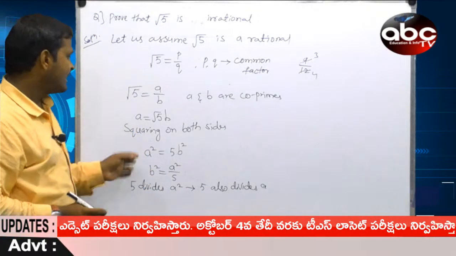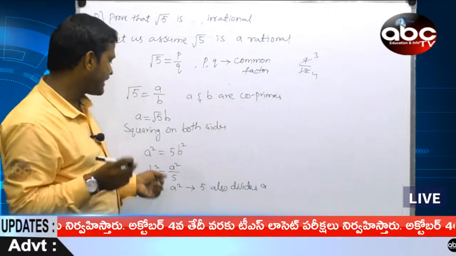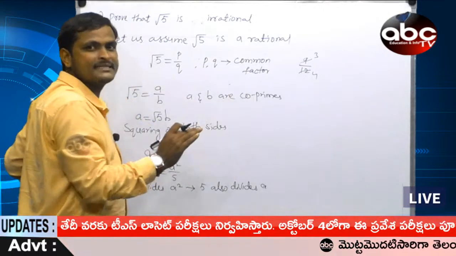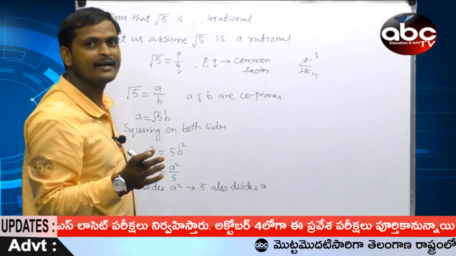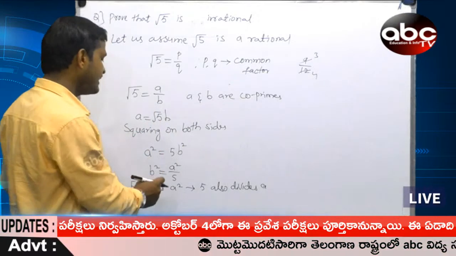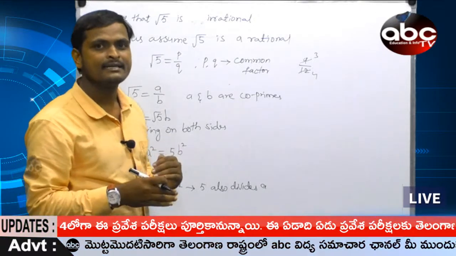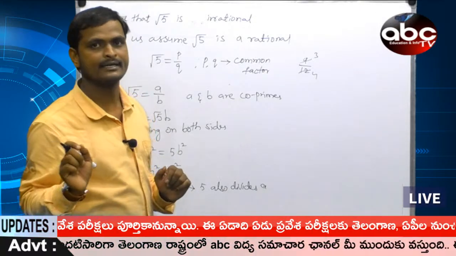Here, students, just listen and remember one point. a and b are co-prime. Co-prime means there is no common factor other than 1. Then here, when a is divisible by 5, that is a common factor.